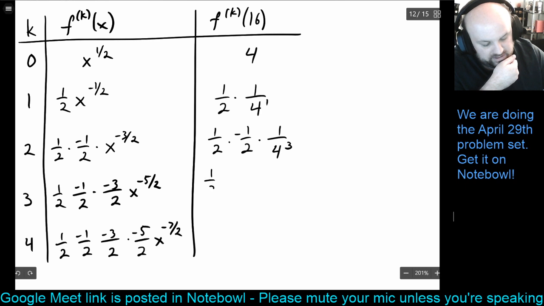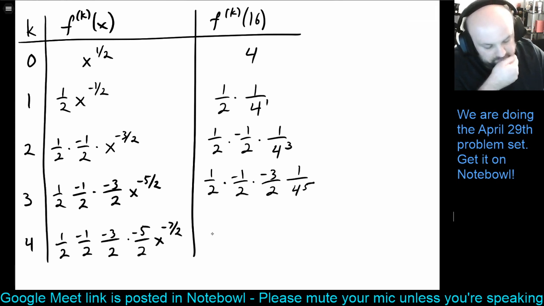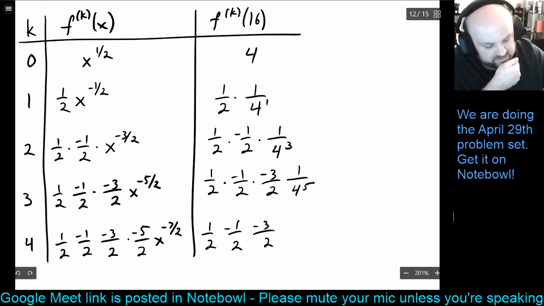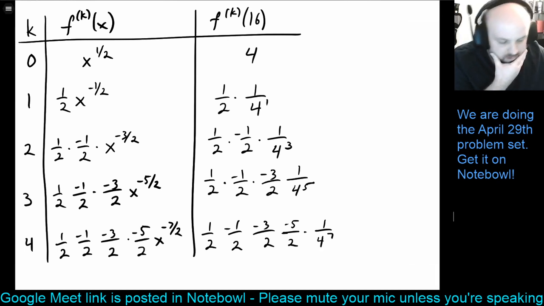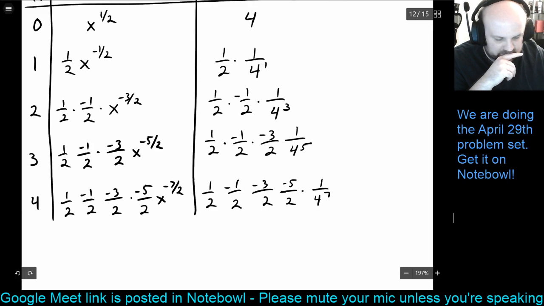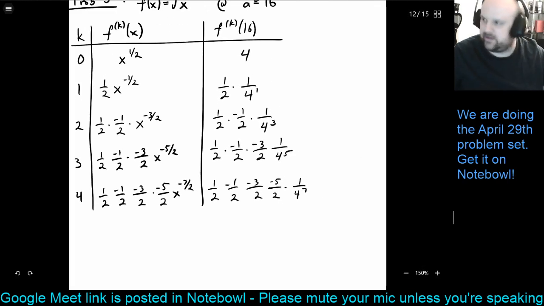Then here we're going to have 1/2, minus 1/2, minus 3/2, 1/4 to the 5th. And then 1/2, minus 1/2, minus 3/2, minus 5/2, 1/4 to the 7th. So we get an interesting kind of pattern going on here.